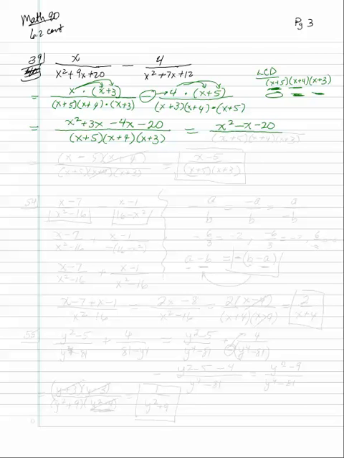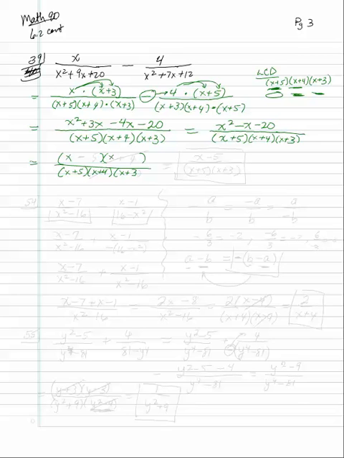And then factor the top and see if I can reduce. So the top's going to be factors of 20 that subtract to 1.